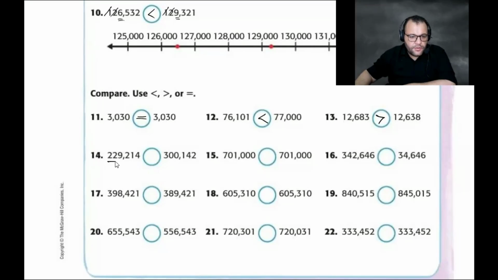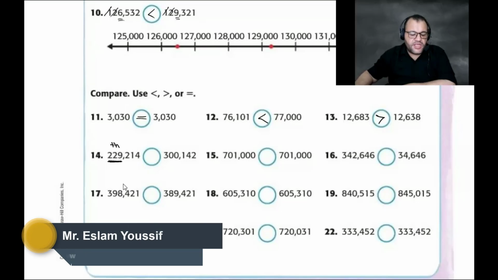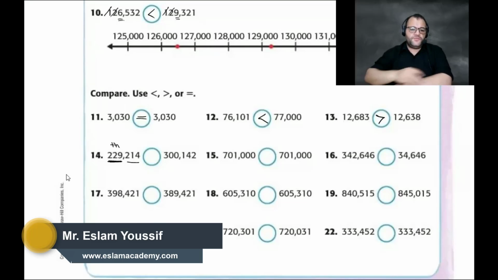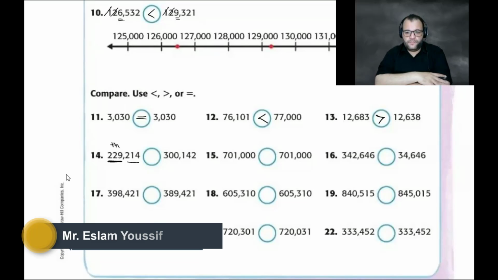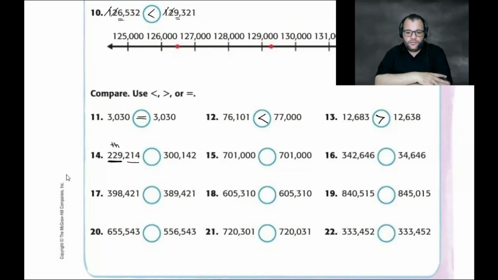Then read the 1,000, then read the other part. 229,214 is less than 300,000. Perfect. Thanks.